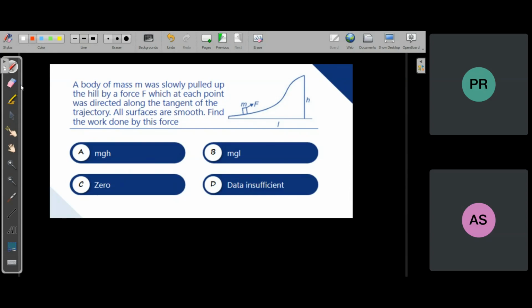When we consider the work energy theorem, then we should consider the work done by the normal reaction plus the force mg plus F. Yes, three forces we should consider. So work done by mg plus work done by F plus work done by normal reaction will be zero.